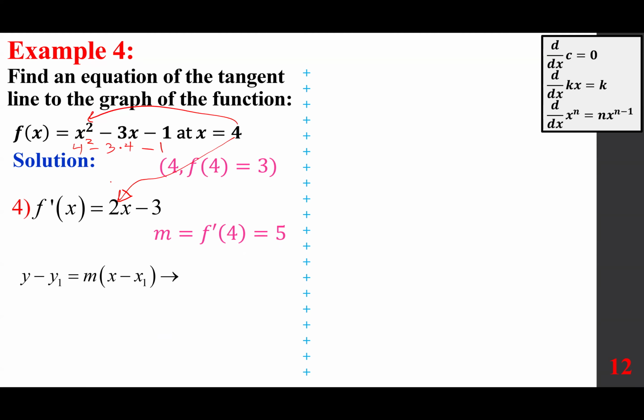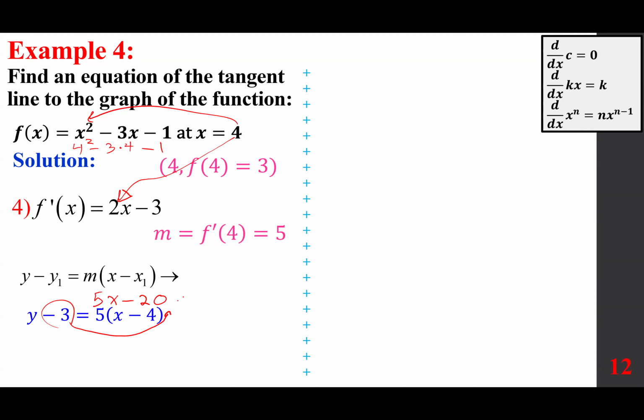y minus y1 equals m times x minus x1. That means y minus 3 must be 5 times x minus 4. Distribute the 5, you get 5x minus 20.